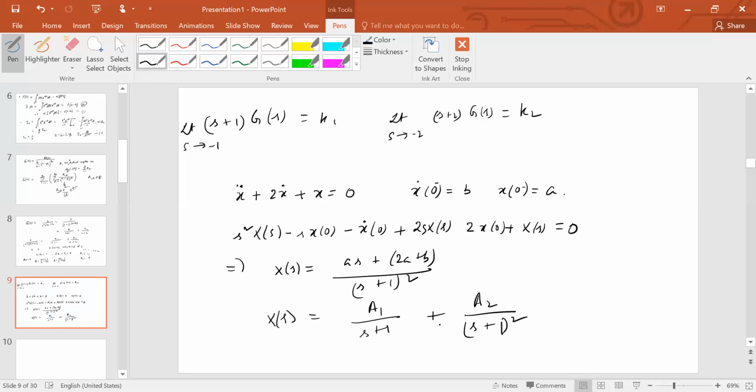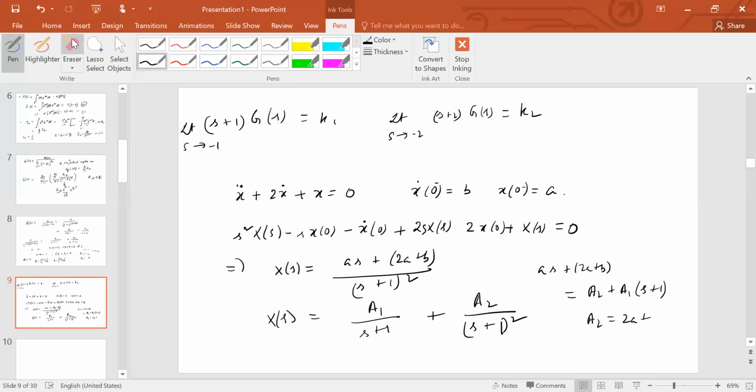Again, if you want to find out what A1 and A2 are, you can just equate coefficients. But equating coefficients, as we've seen, involves solving equations that are coupled. So if you take this form, then you will have as plus 2a plus b equal to (A2 plus A1 s plus A1). In this case it's pretty simple, you can immediately get that A2 is equal to a plus, no, sorry, it's actually coupled.